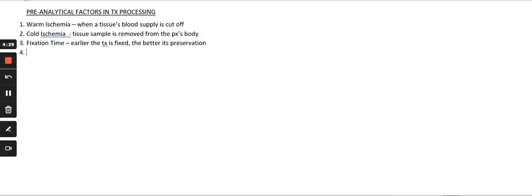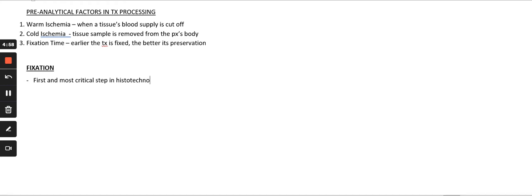Now, moving on, let's talk about our fixation. Okay? Now, the first step, right? It is the first and most critical step in histotech.